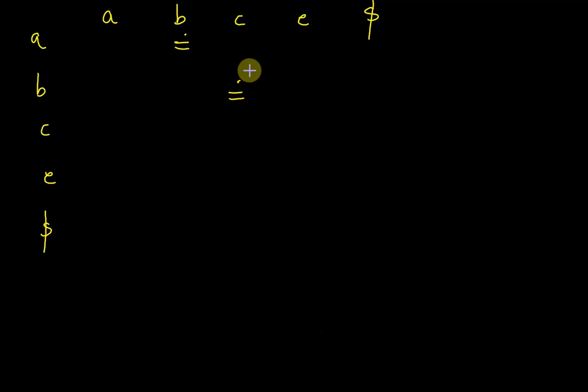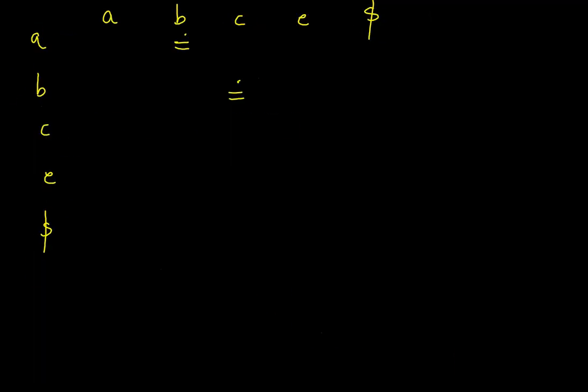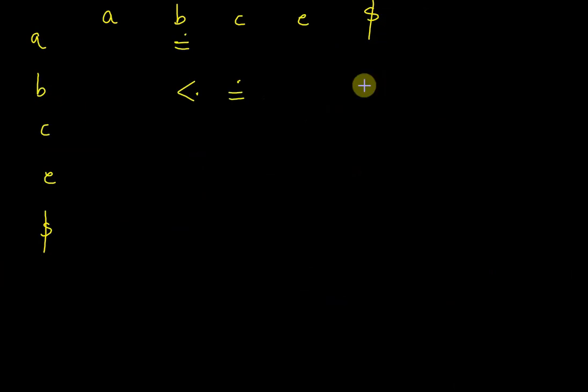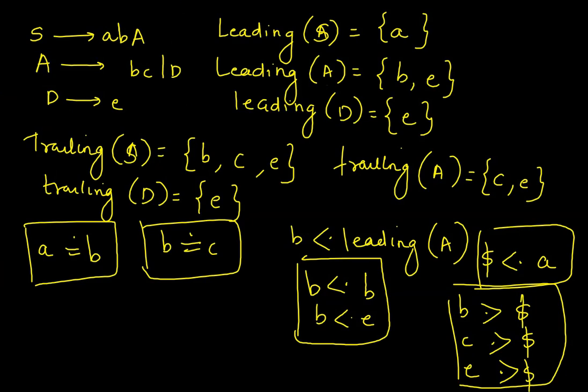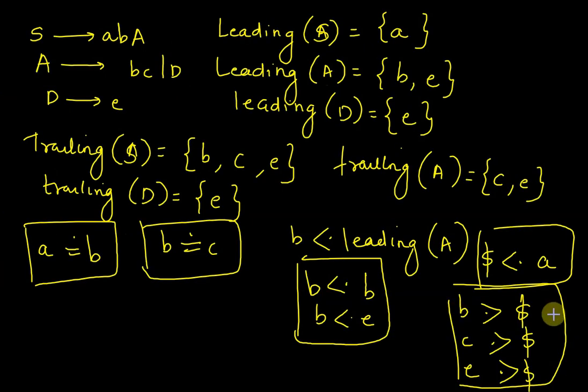So B and C have same precedence. Then next one is B less than B. So B and B, and the symbol will be less than. B less than E. Then next one is dollar less than A, dollar and A is less than, and B greater than dollar, C greater than dollar, and E greater than dollar.